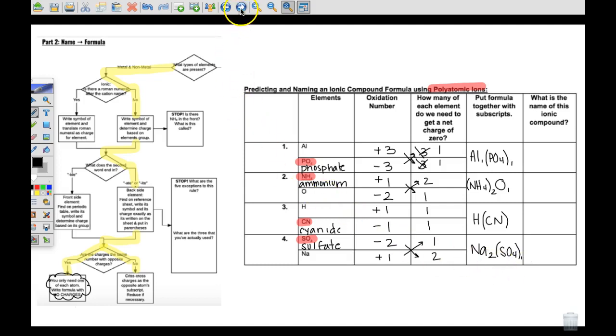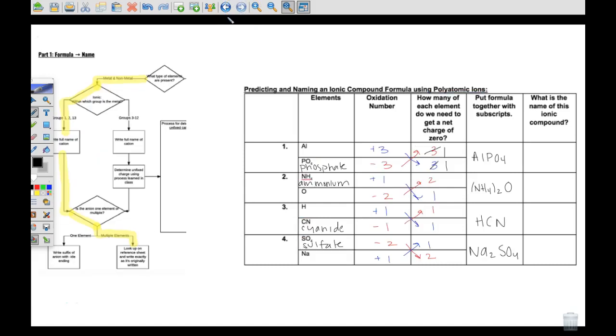So now we're going to name these. So when I look at this particular compound, I see that I have Al, so it's going to be aluminum, so we're going to follow the exact same pattern as before. I wrote the full name of the cation, just like I was doing for binary compounds.